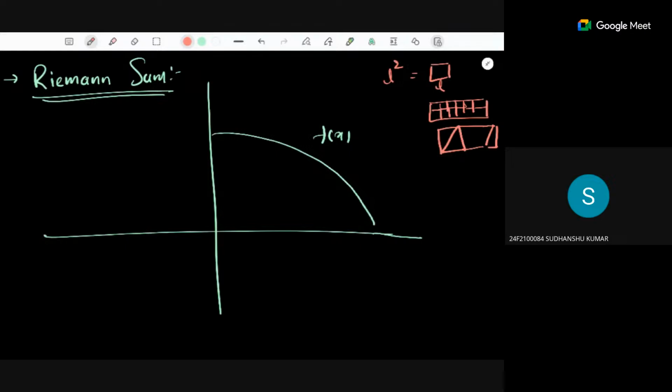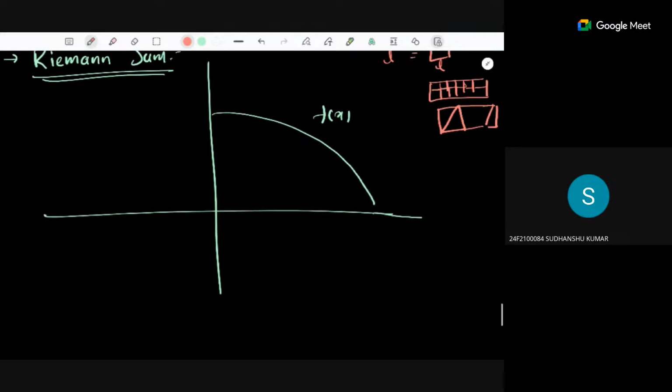To find the area of a rectangle, we decompose it into squares. If we want the area of a triangle, we create a rectangle out of that triangle and then find the area. The same approach we will use here: we will decompose this area into areas of rectangles.